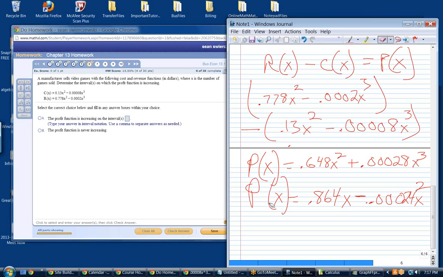So now my first derivative is 1.296x plus 0.00084x squared.